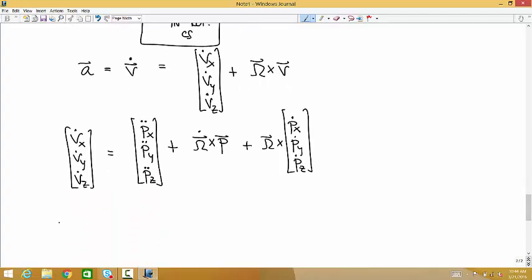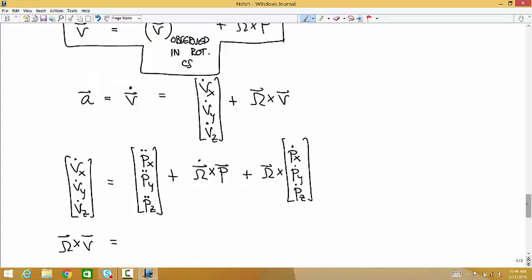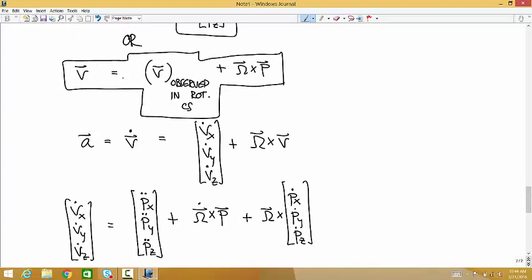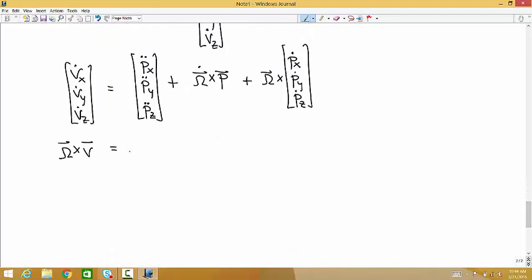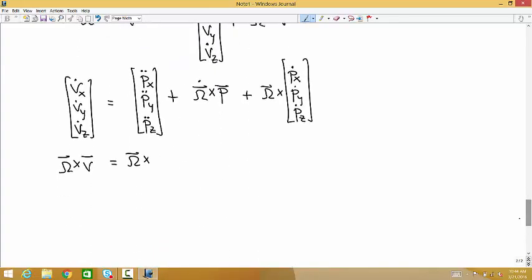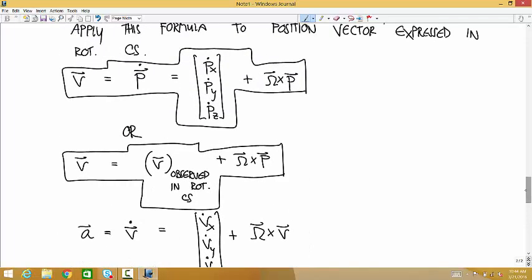So we have that capital Omega cross V is equal to Omega cross Px dot, Py dot, Pz dot, plus, so now we've dealt with Omega crossed with this term.